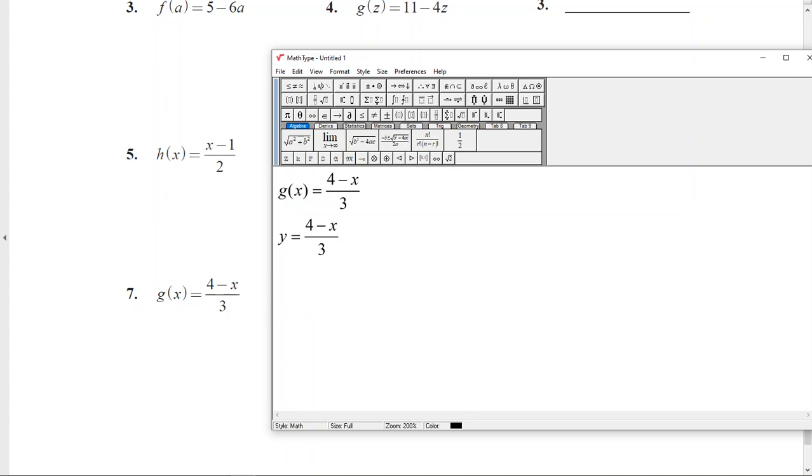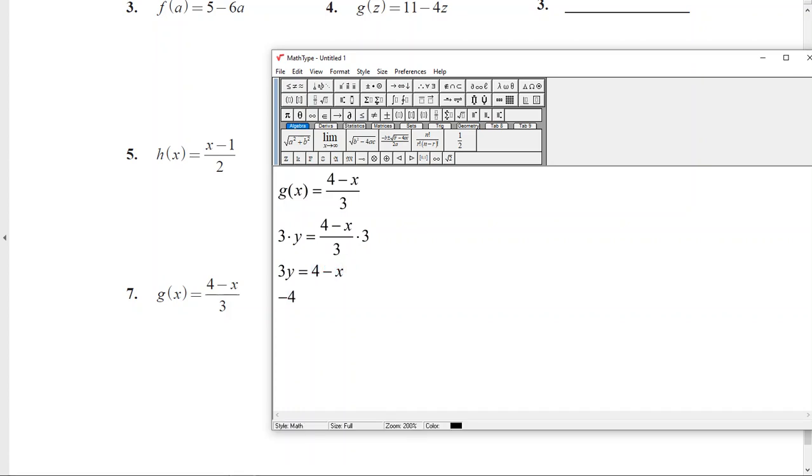So I know that when I solve for x, since I have a fraction here divided by 3, the very first thing I need to do is multiply both sides by 3. So 3 times both sides, we'll get those 2 3's to cancel off. So I'll get 3y equals 4 minus x. Want to get x by itself, so got to get rid of the 4.